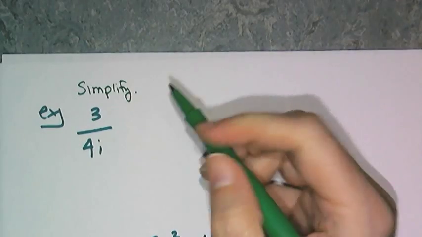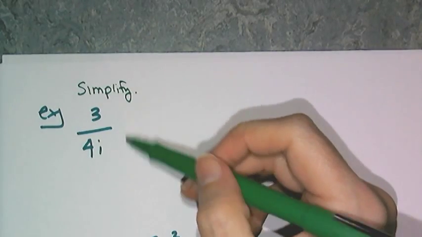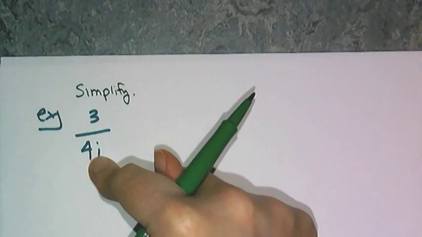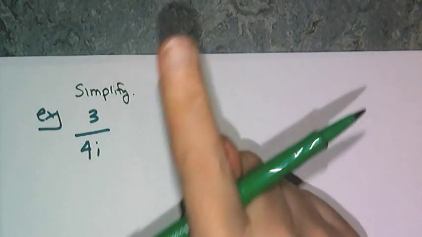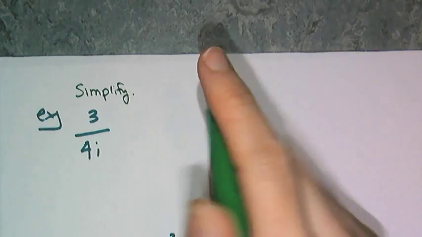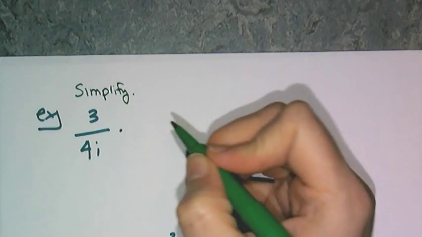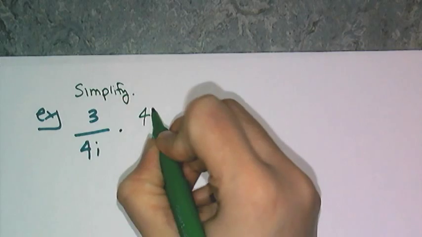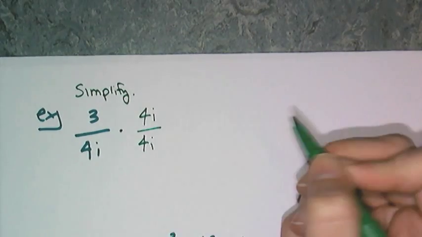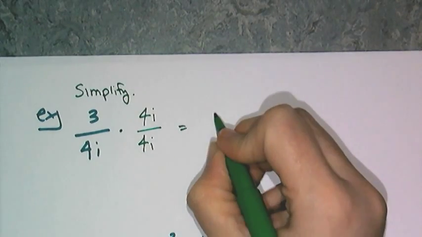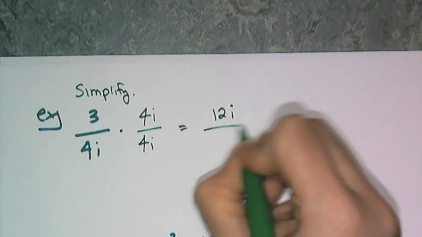So if you're asked to simplify something like 3 over 4i, you might be thinking, well, that's fine. But you have to remember that i is a radical, and we cannot have radicals in the denominator. So we have to multiply the numerator and denominator by 4i. We get a 12i in the numerator.